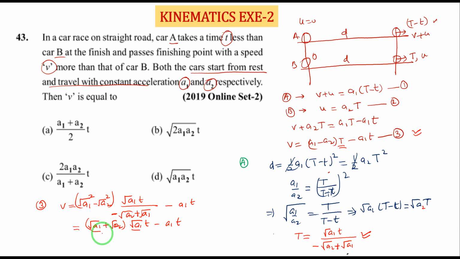Root a1 and root a1 will become a1, which cancels out with minus a1 into t, and we are left with a1 a2 into t. This is our final result. a1 into t. B is the answer.